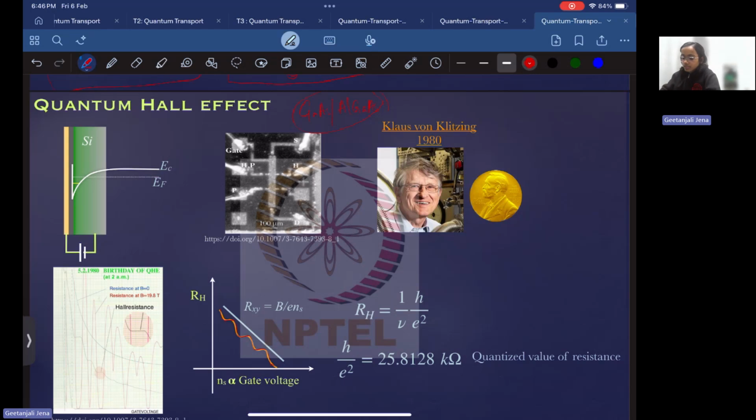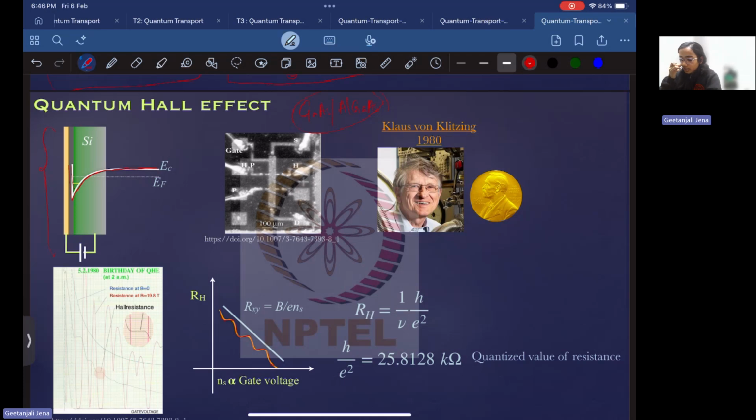So, this is the first experiment that proved the quantum Hall effect in a silicon MOSFET. For this silicon MOSFET, the conduction band bent downward because of the charge transfer at the interface.